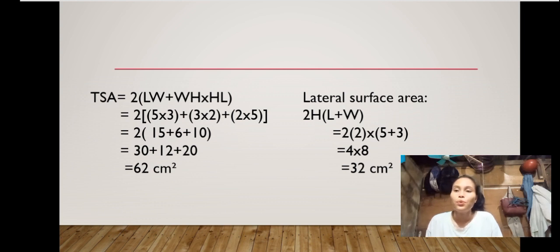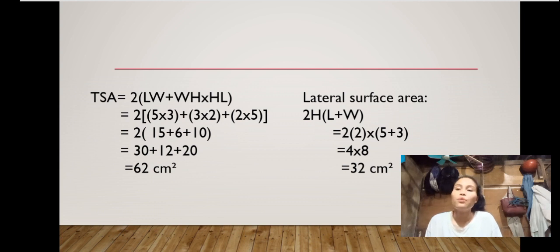We first distribute the 2 inside the parentheses: 2 times 15 equals 30, 2 times 6 equals 12, and 2 times 10 equals 20. Then add it all, and the answer is 62 square centimeters.